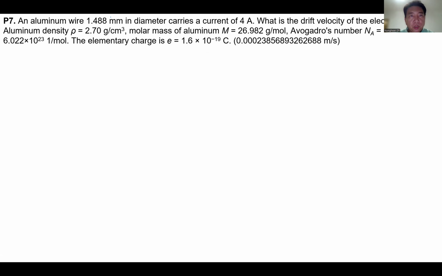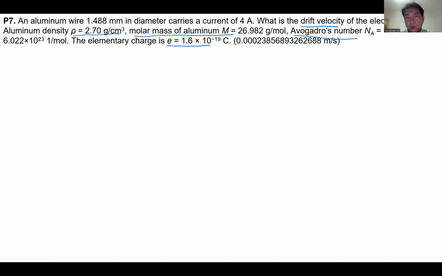But in this case, we are given different information, such as aluminum mass density, molar mass of aluminum, and there is Avogadro number, and the elemental charge is given by this. So the previous two problems and this problem are quite different because the information is different and the question is also different, drift velocity.